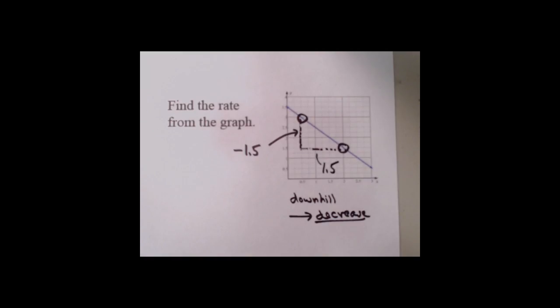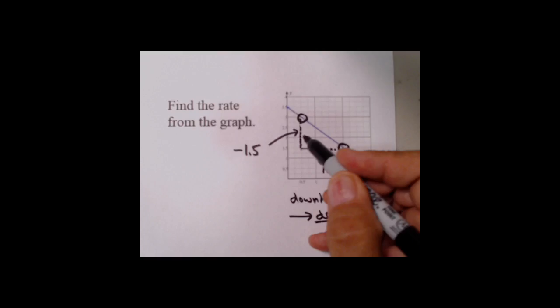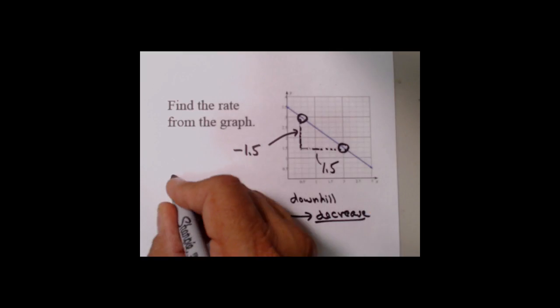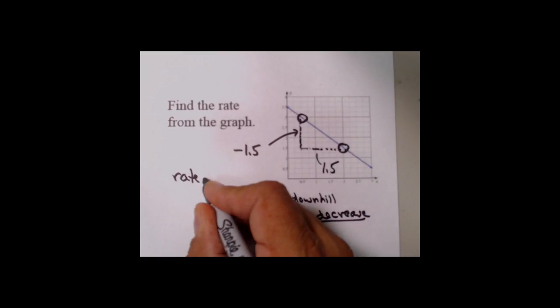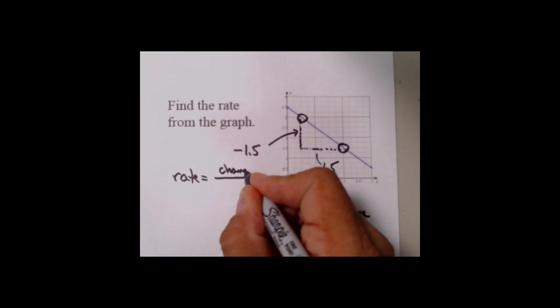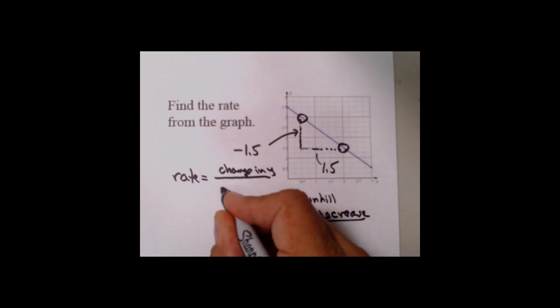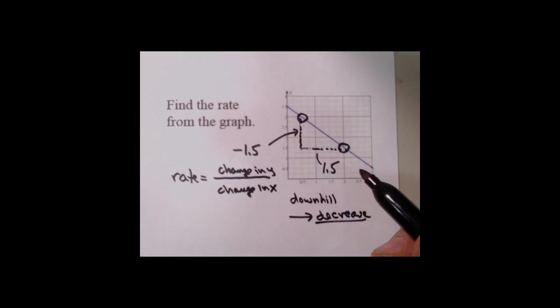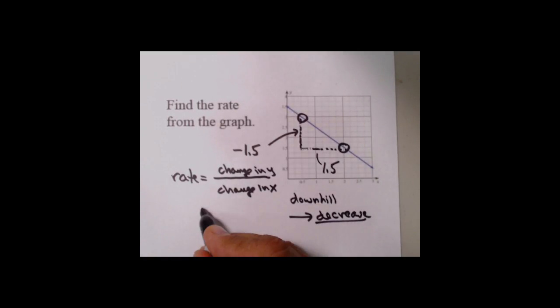Okay, well, what's the decrease here going to be? It's going to be the change in y, which we're going to call the rise in the future, divided by the change in x, which we'll call the run in the future. So the rate here, okay, change in the y divided by the change in the x, and we'll have better ways of dealing with this when we go a little further down the line.